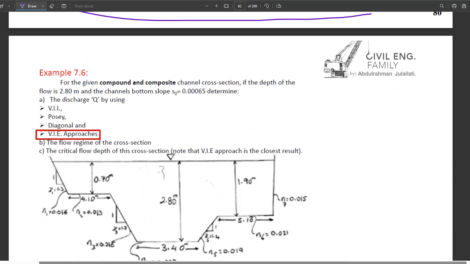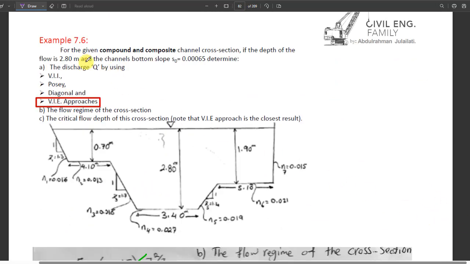Okay, continuing with this one, here it says for the given compound and composite channel cross sections, if the depth of the flow is 2.8, which is yn, the channel's bottom slope is given.